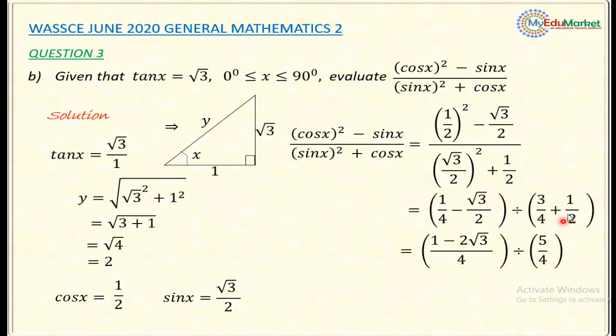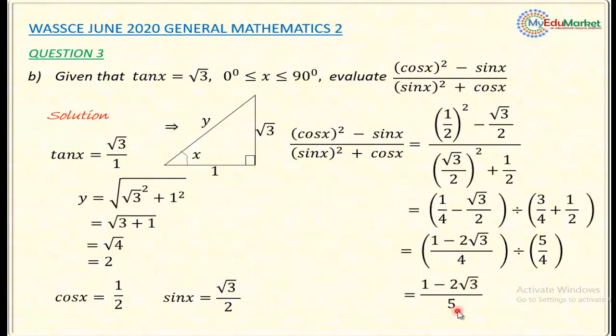Then adding 3 over 4 and 1 over 2, I have 5 over 4. Dividing by 5 over 4 is nothing but multiplying by 4 over 5. The 4 cancels 4, so I have 1 minus 2 root 3 all over 5.